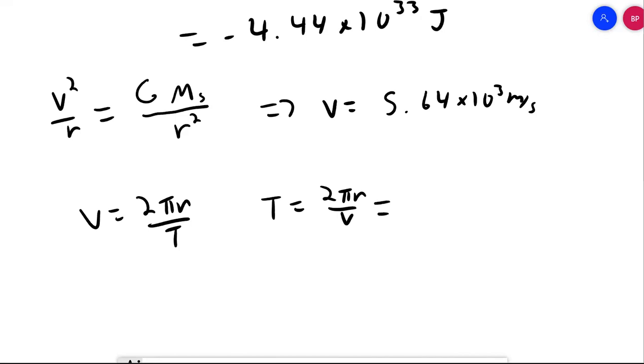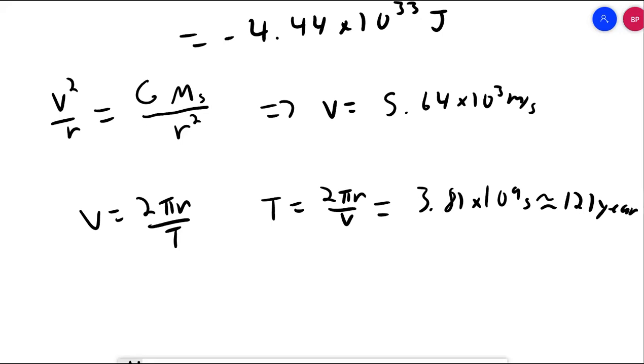So if we plug our numbers in here, this is 3.81 times 10 to the 9 seconds, or roughly 121 years. So by moving the planet out this distance, its period has increased dramatically. So for one full rotation around its sun, that takes 121 years.